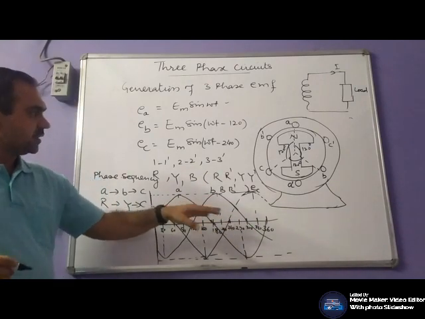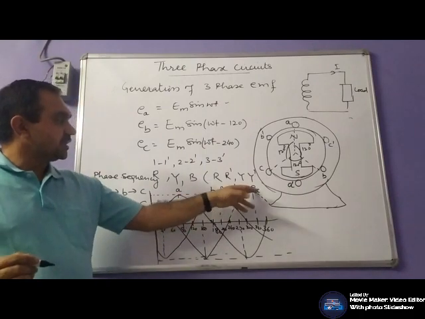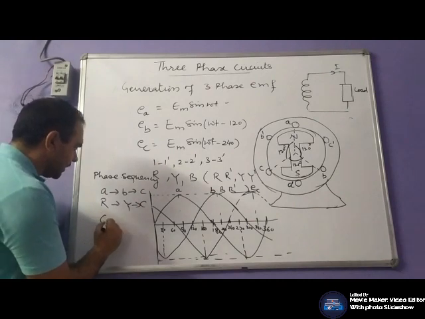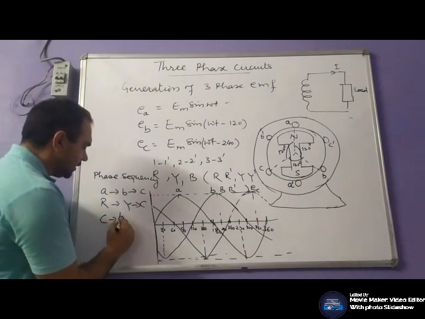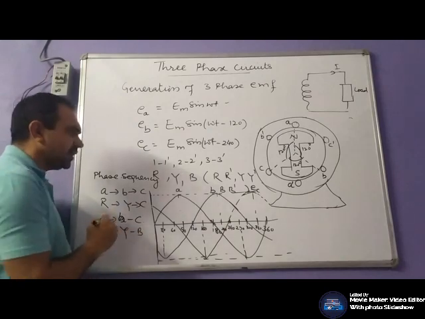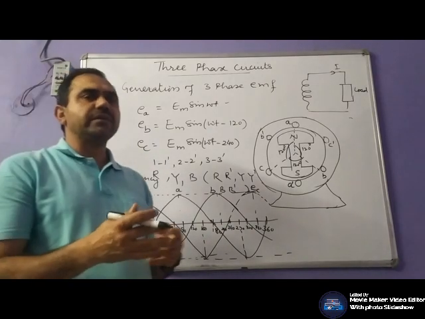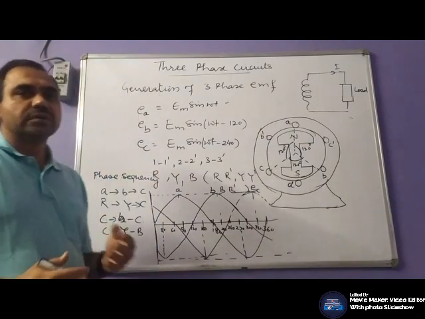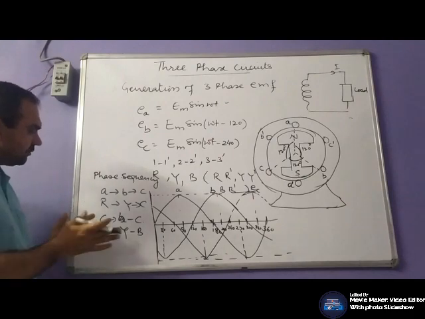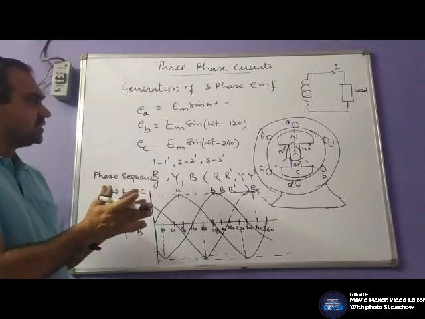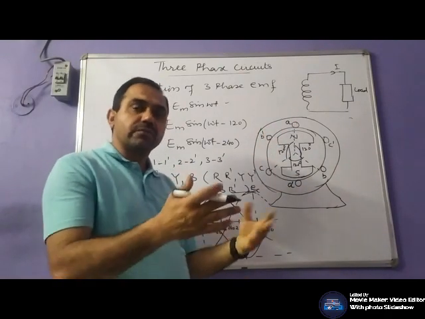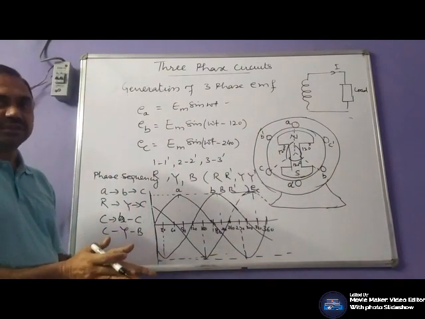If we reverse the direction of rotation, the polarity of the coils would be changed. It may be C, B, A or B, Y, R. So generally we indicate RYB phase sequence or BYR. Similarly, if we interchange any two phases, any two coils, their sequence would also be changed.